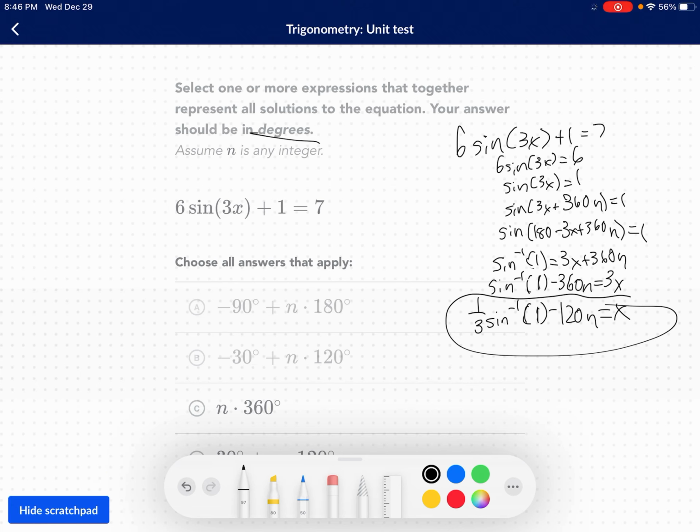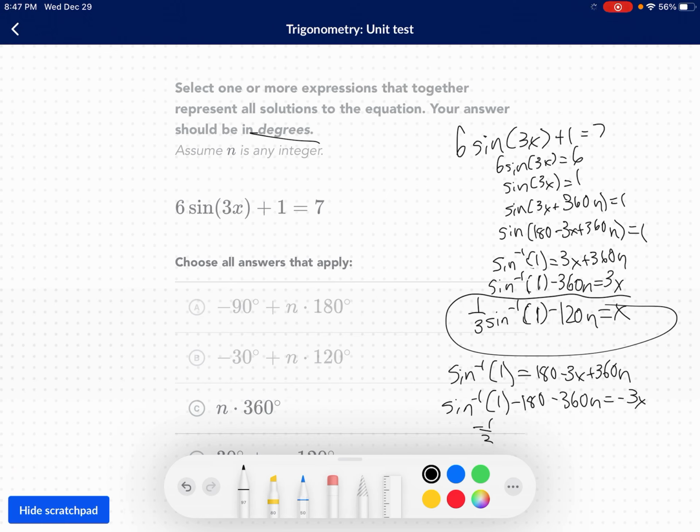Alright, that's one solution. And then the other solution, inverse sine of 1 is 180 minus 3x plus 360n. Subtract 180 and 360n from both sides. You get that minus 180 minus 360n equals -3x.